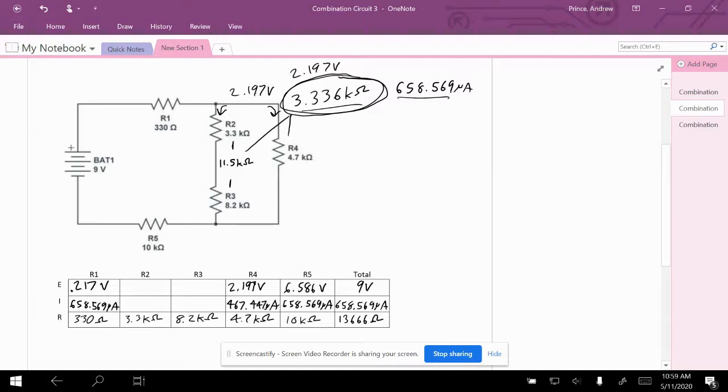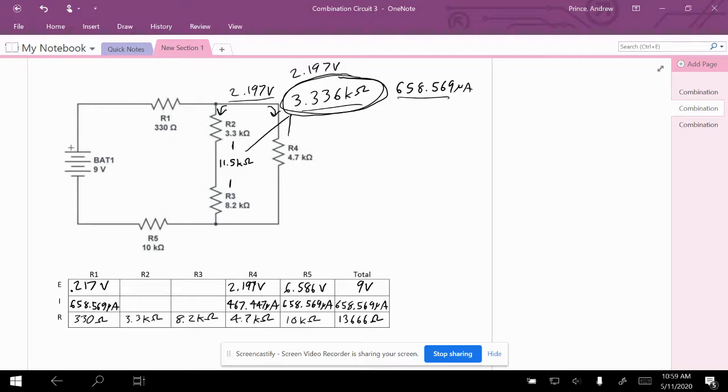Okay, over here. We know that the voltage going down this direction, across the two resistors added together, gives this value. To find the current for this combined value, which is this entire branch, we take the 2.197 and divide it by 11.5 kilo ohms.